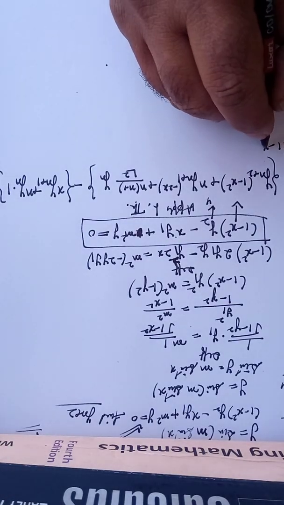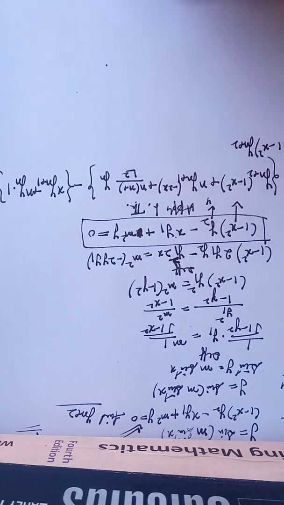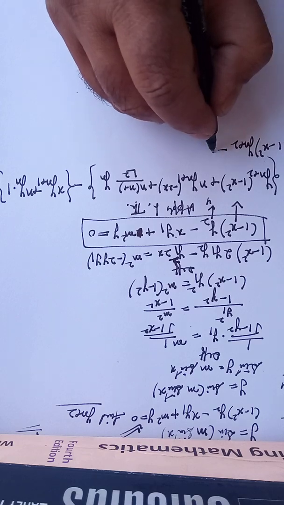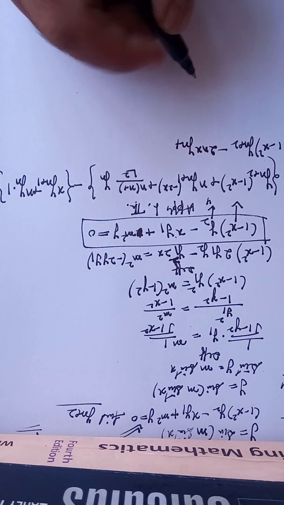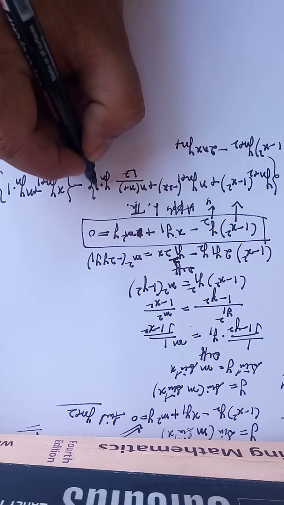Or 1 minus x square yn plus 2 minus 2n and x yn plus 1, derivative is 2, I have not written it.